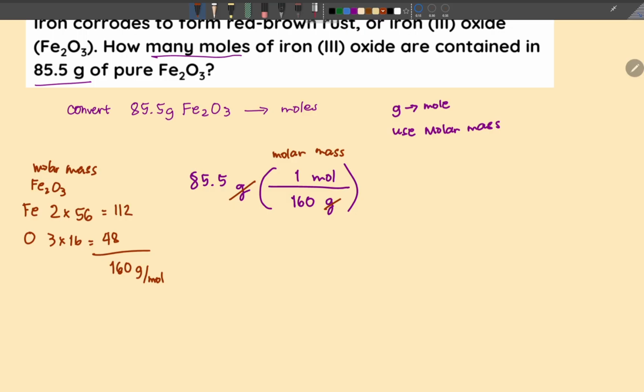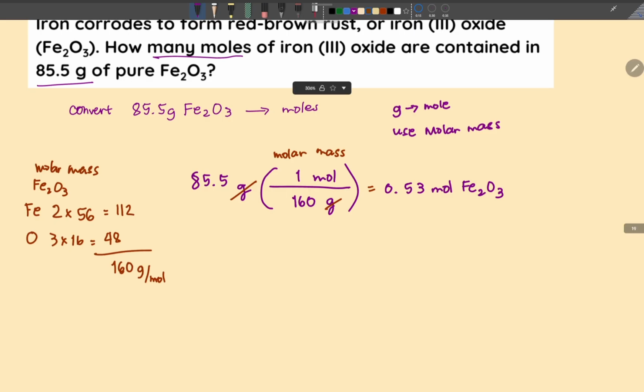So we're left with moles. If you put that in a calculator, that will be division: 85.5 divided by 160, or times 1, but it will have no effect. So that will be 0.53 moles of Fe2O3.